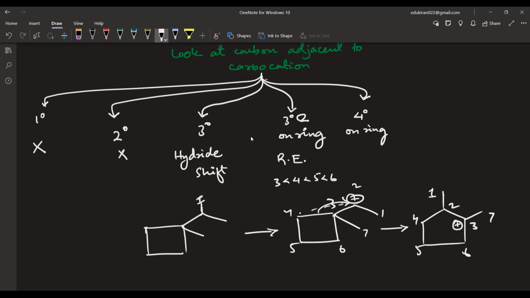So this is also 3 degree. So even if you have 4 degrees, what I wanted to say is that this atom here is 4 degree and on the ring, and it is doing a ring expansion. So if it is 4 degree on ring, then also it will be ring expansion. Okay. If it is 3 degree on ring, okay, fine. If it is just 4 degree and on its own, then what will happen? There will be a methyl shift.